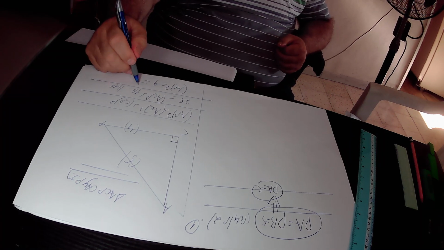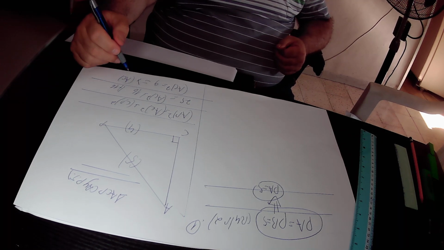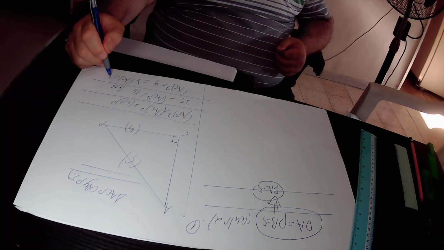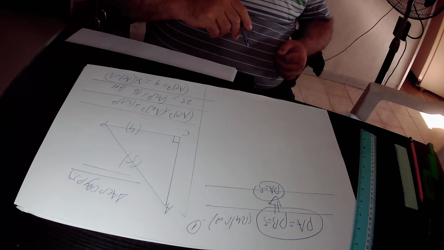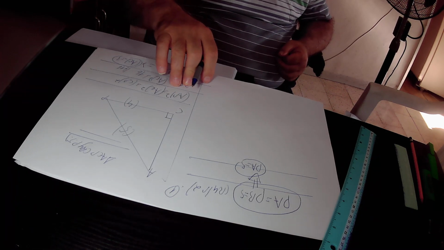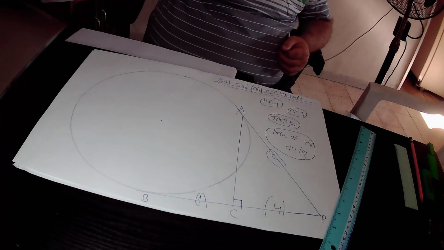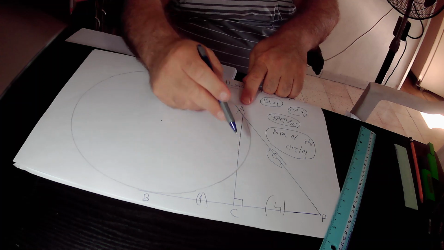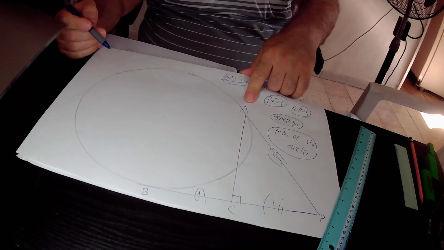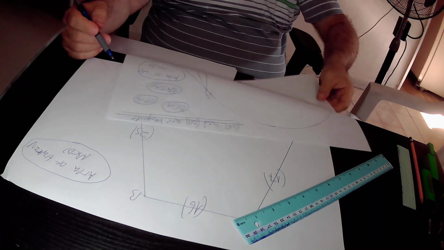Here we take the square root, and finally we get that the missing side AC equals the square root of 9, that is 3. So here AC equals 3 units.